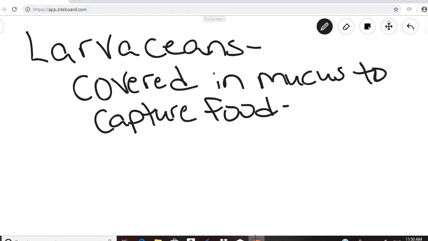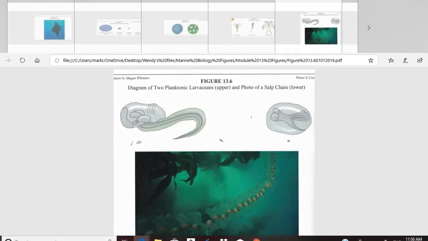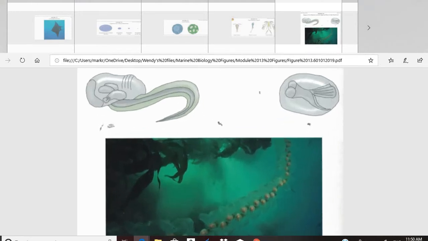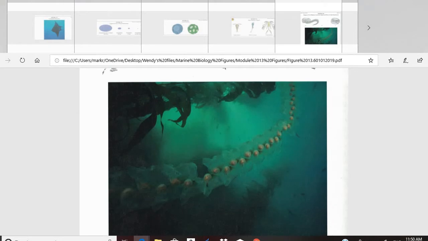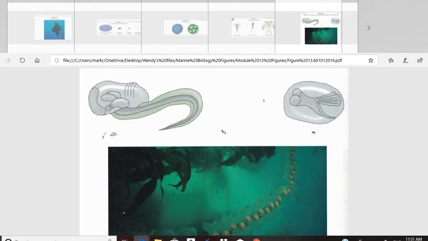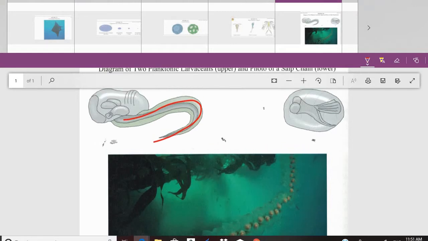So let's go ahead and look at a picture of the larvacean. This is a larvacean. This is a diagram, and then this is an actual picture of one. They actually use this tail-like organ to pull water in over them, and they are covered in the mucus, and the mucus is able to capture plankton, either phytoplankton or smaller zooplankton.